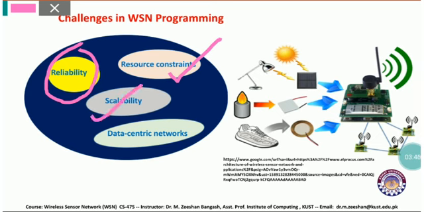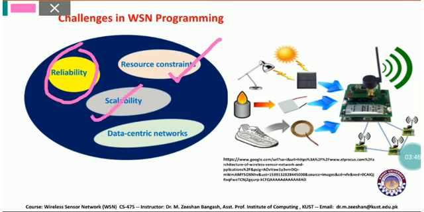Sensor networks can scale up to hundreds and thousands of sensor nodes. Therefore, the programming models should support developers in designing applications and software for such a large type of network.